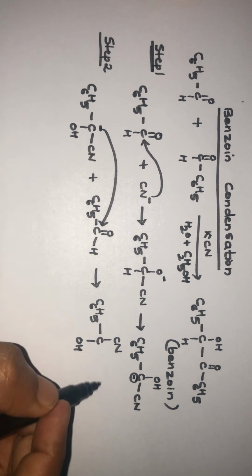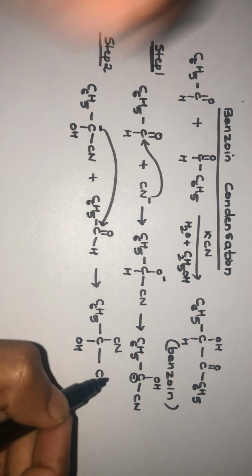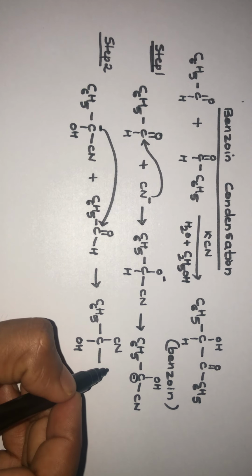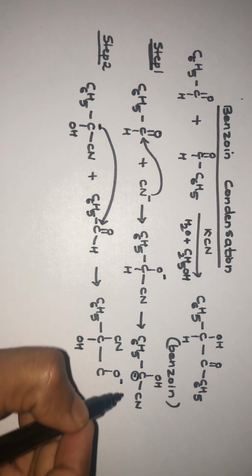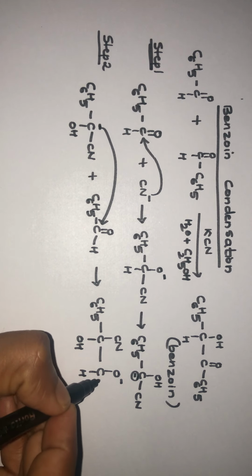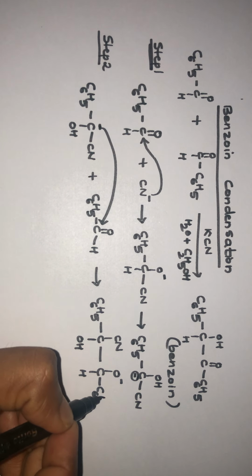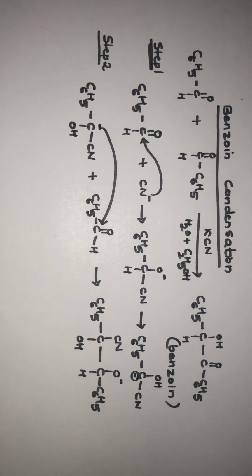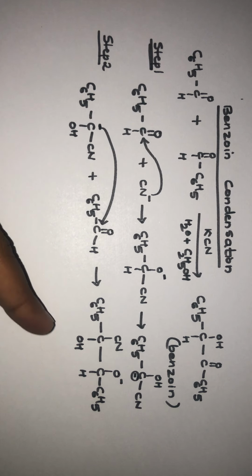A new bond between the carbons is formed, and the carbonyl double bond gets converted into O minus. So this is the new anion that is formed.